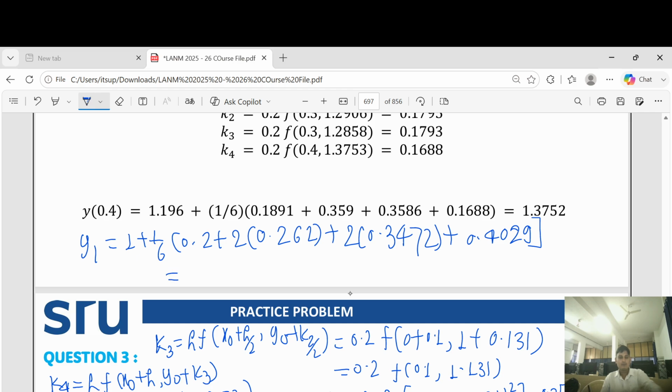So if we solve this, what is the value? You evaluate the value with the calculator. 0.2 plus 2 times 0.262 plus 2 times 0.3472 plus 0.4029, all divided by 6, plus 1 gives 1.3033.